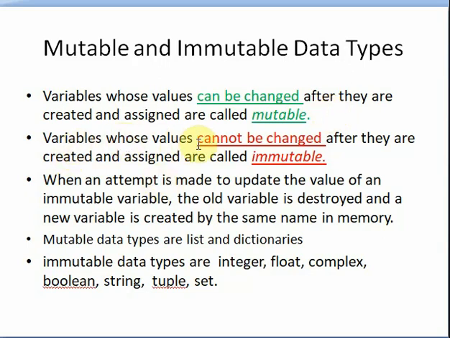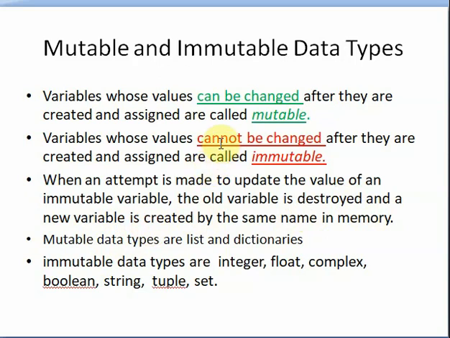Variables whose values cannot be changed after they are created and assigned are called immutable data type. When an attempt is made to update the value of an immutable variable, the old variable is destroyed and new variable is created by the same name in memory.